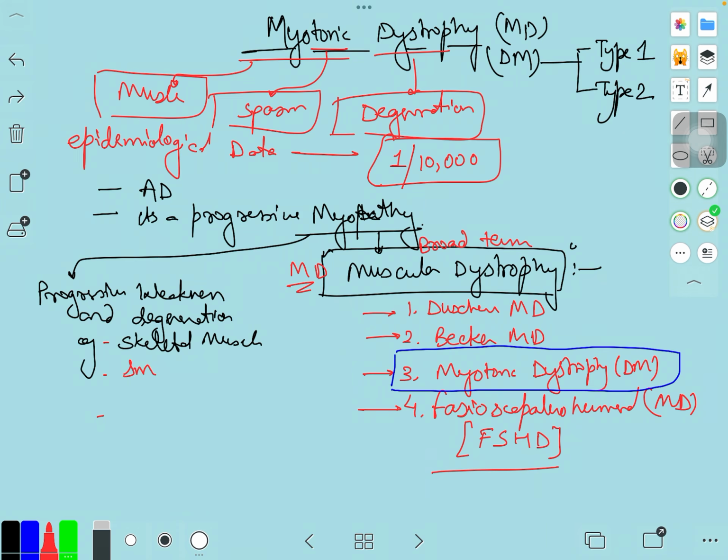For example, smooth muscle as well as cardiac muscle. There is no such differentiation of which particular muscle will be involved. Okay, so we're done with this one.